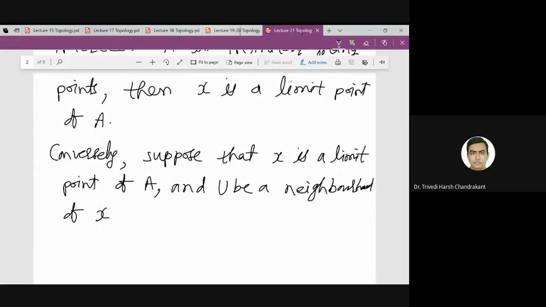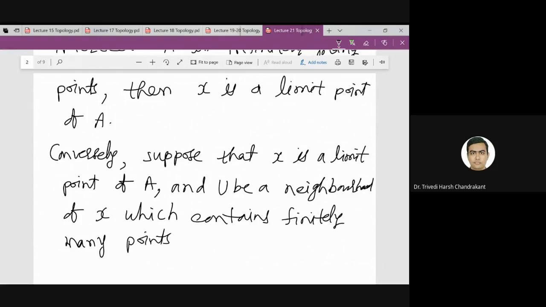So suppose that there is a neighborhood U of X which contains finitely many points of A. So what does it mean?